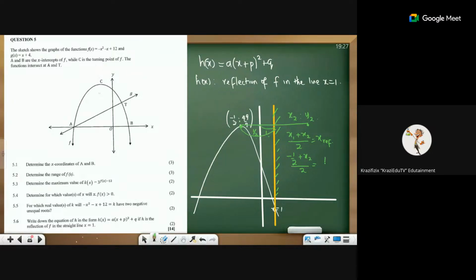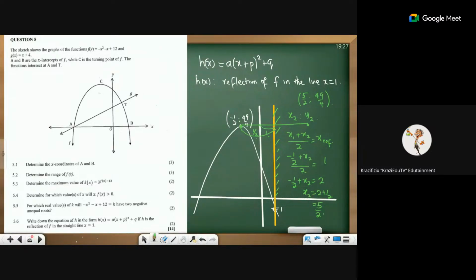Let's cross multiply. Negative half plus x2 equals 2. We move the negative and it becomes positive. 2 plus half would give us 5 over 2. So I'm done there. And my y value will remain the same, which is 49 over 4. Now can I write my equation? You don't need to complete the square, people.